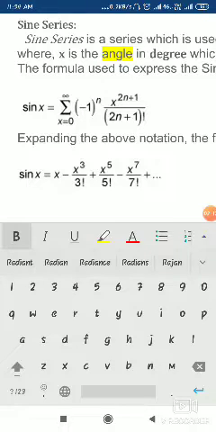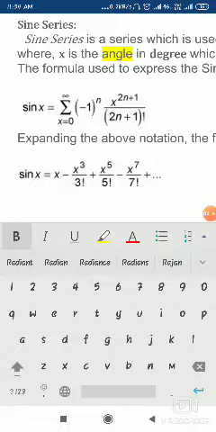Sin x equals x minus x cube divided by 3 factorial plus x to the power 5 divided by 5 factorial minus x to the power 7 divided by 7 factorial plus, what can be the next term? Because it is a continued series, it has no end. So the next term would be x raised to the power 9 divided by 9 factorial minus x to the power 11 divided by 11 factorial.